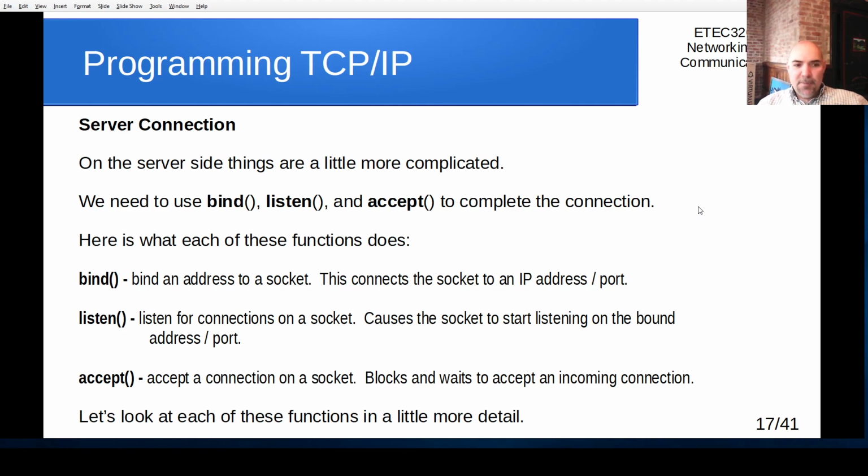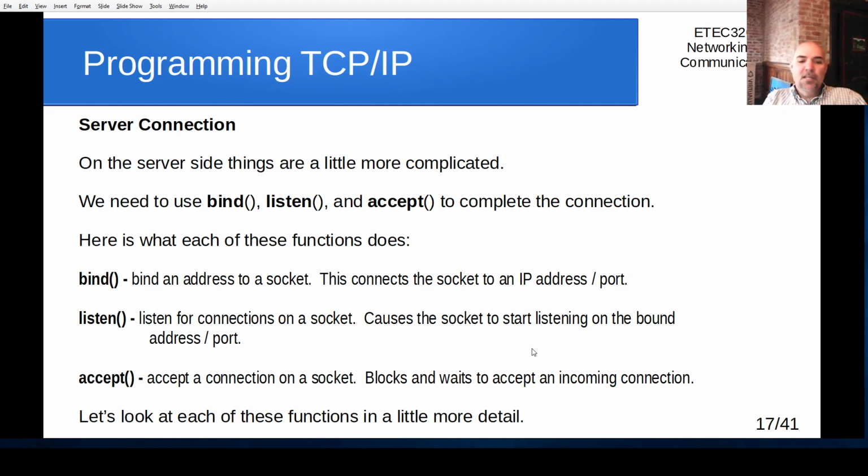And when it does come in, accept is how we accept it. We'll look at that in more detail in a second, but it blocks and waits. If we call accept when there's no connection, that is, the phone isn't ringing, it sits there and waits for the phone to ring. As soon as it rings, it accepts it and then allows you to start talking thereafter. But I need all three of those steps.